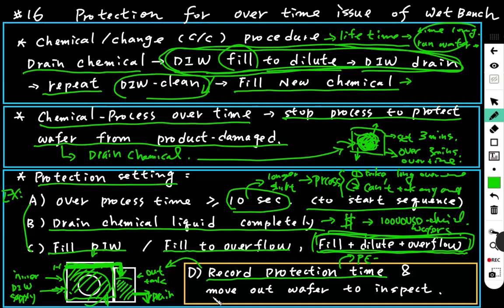And we move out the wafer. Of course, dry the wafer first and move it out to inspect it, and let the process engineer decide how to rework it.